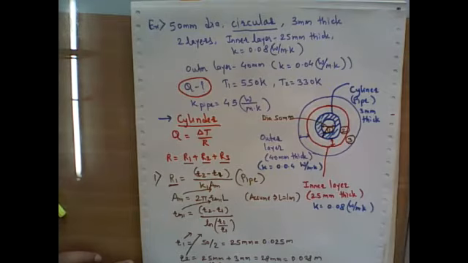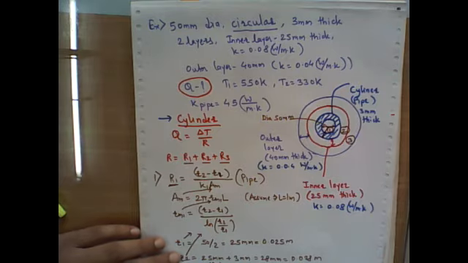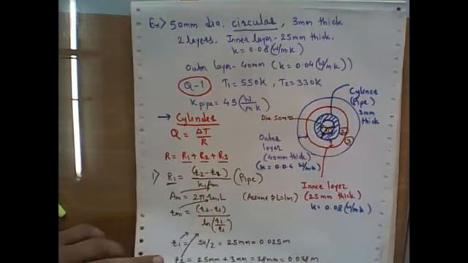So capital R1 is 0.00040 Kelvin per watt. So on the basis of all r1 and r2, we can calculate the capital R1 value, right?